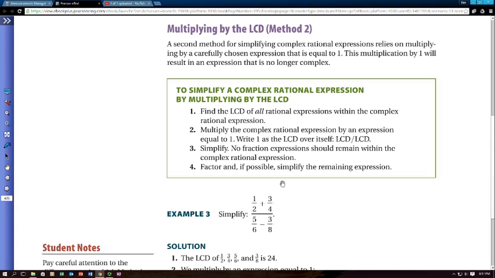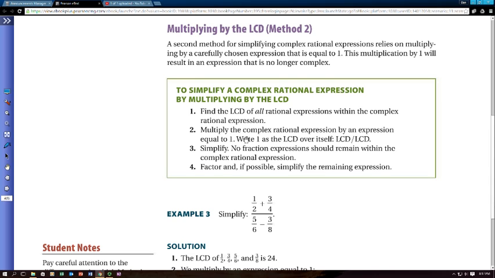And if that's an easy thing to do, this is by far the best strategy. What we're going to do is that magical multiplication by 1 again, using that identity property that allows us to make fractions equal to 1. And we're going to do this in a special way.